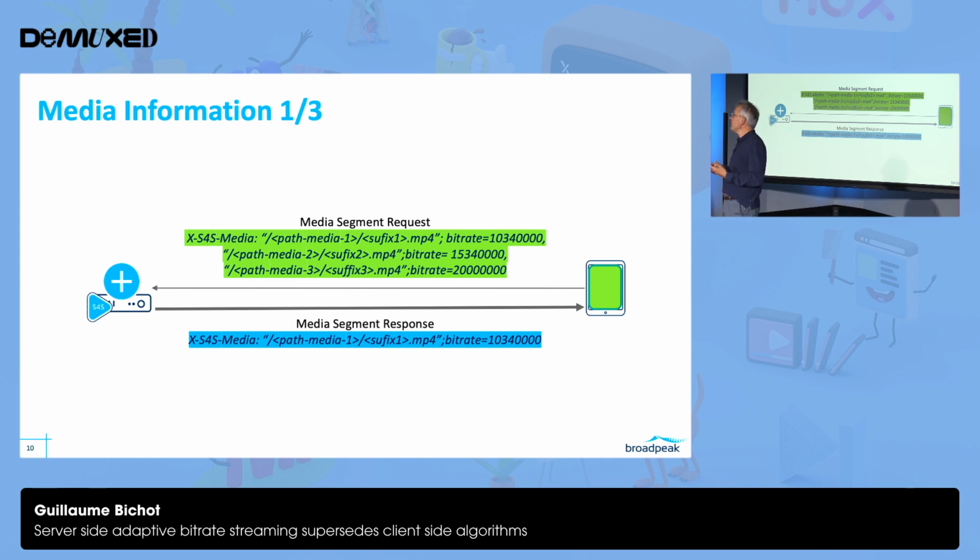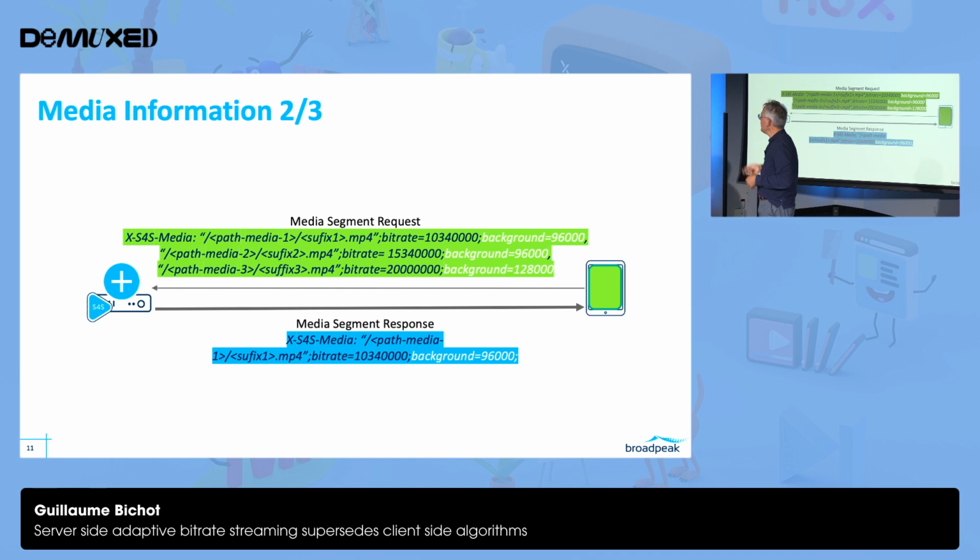It avoids the server having to be aware of all this stuff. It doesn't need to browse the manifest or whatever. It's completely stateless for it. The server will select a quality among those provided by the player, and it will tell the player in its response, hey, this is the one I've selected. Very basic protocol, right?